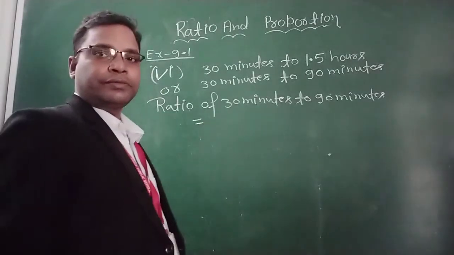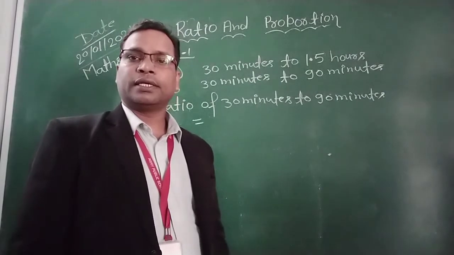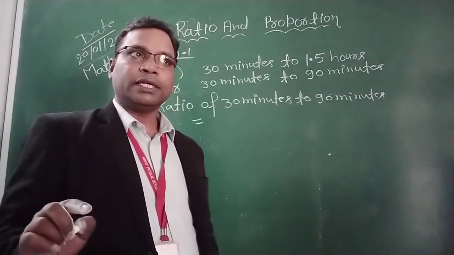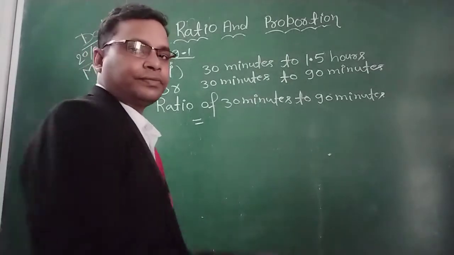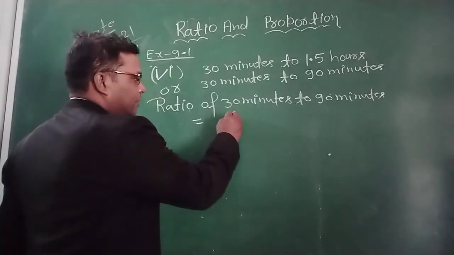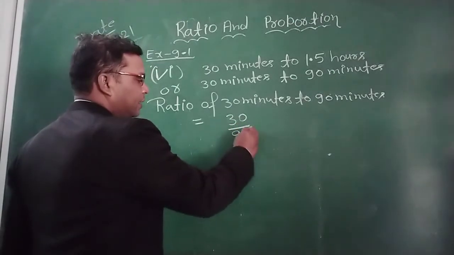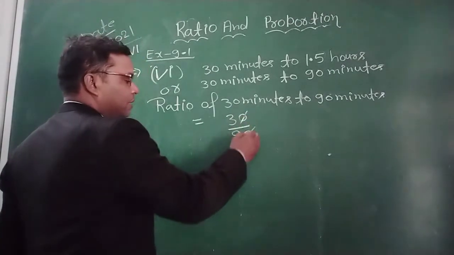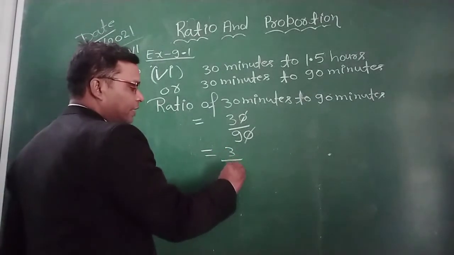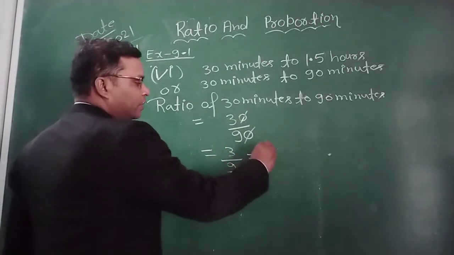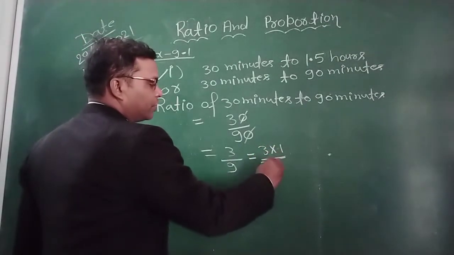This is equal to, you can write 30 by 90. What you can write? 30 by 90. So 30 by 90. You can cancel a 0 from the 0. Then you can write 3 by 9. Also you can write 3 into 1 by 3 into 3.